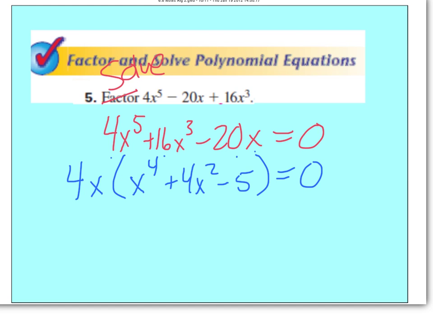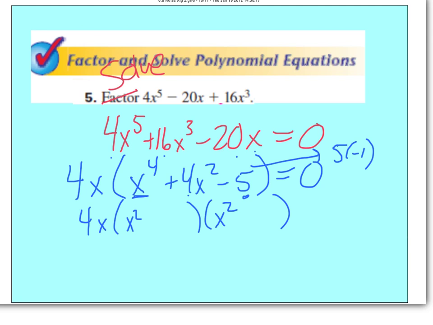The factoring on this one is similar to our last. x to the 4th goes x squared. Factors of negative 5 that add to a positive 4 would be, if you multiply positive 5 and negative 1, that multiplies to negative 5, but it adds to positive 4. So plus 5 minus 1.